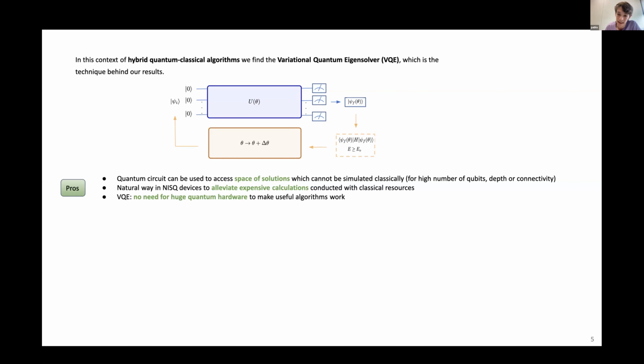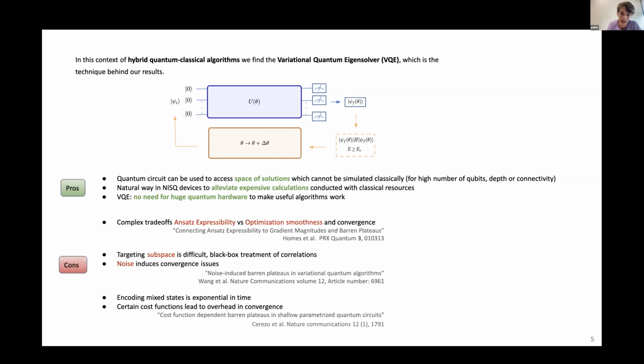But it certainly has certain disadvantages, and those are very important ones. First of all, there is a complex trade-off between the expressibility of your quantum circuit and the way you converge to your optimum ground state, because the Hilbert space that you are trying to explore is not as easy to explore as it seems to be.